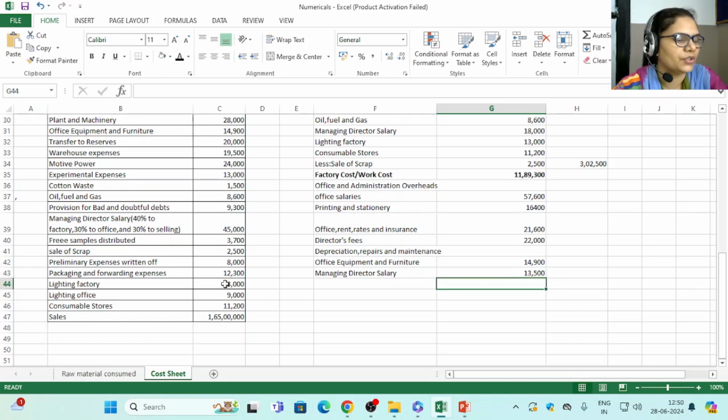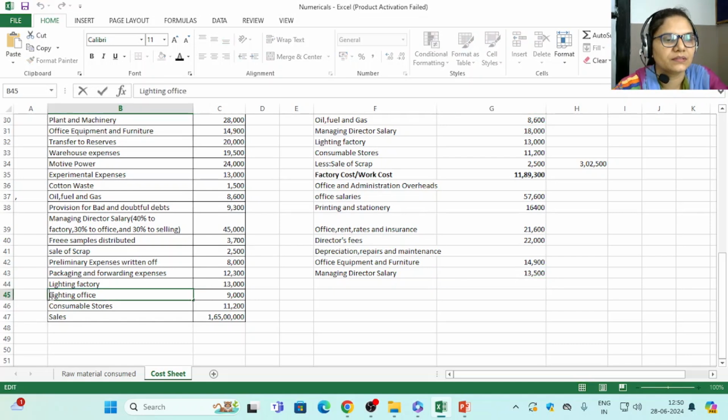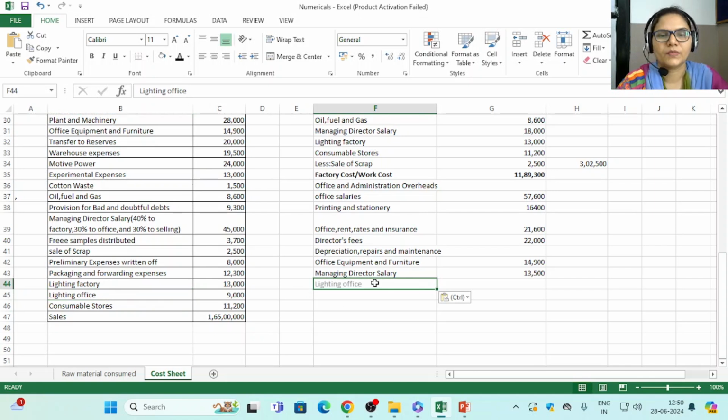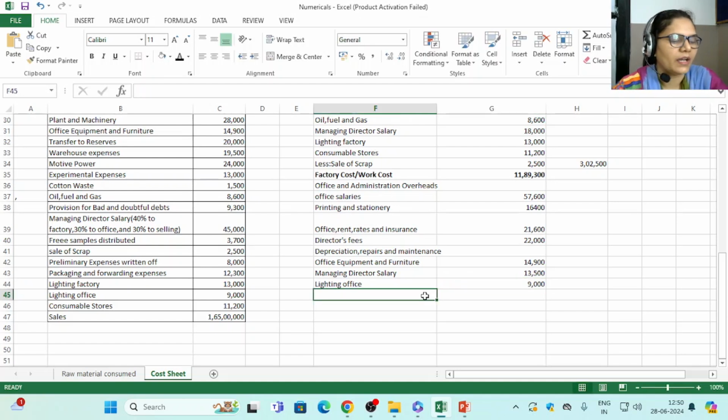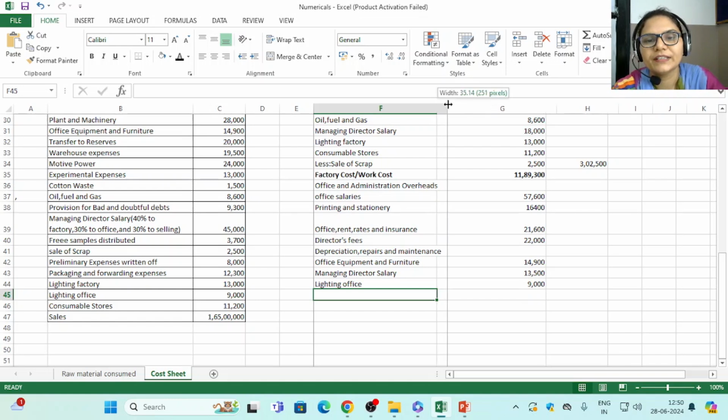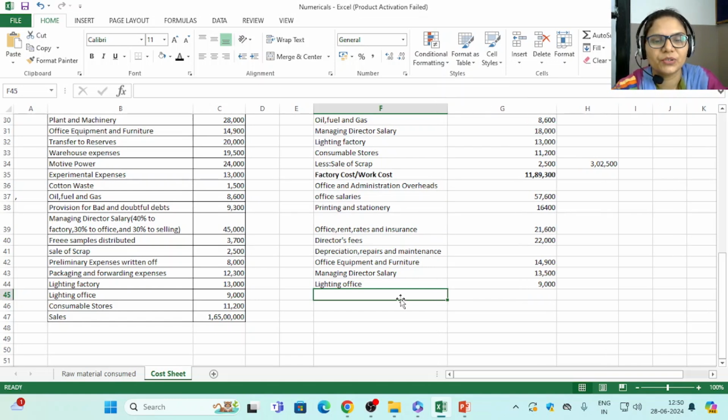Next is lighting of office building, which is 9,000. I think we have covered all the expenses which can fall under the category of office and administration overheads.